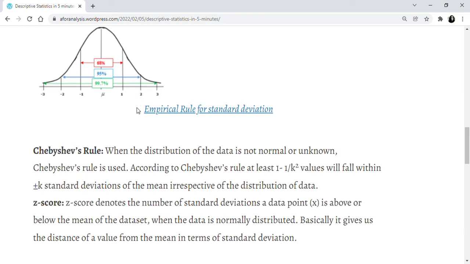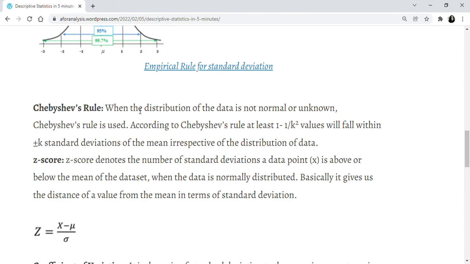Next is z-score. Z-score denotes the number of standard deviations a data point is above or below the mean of the dataset when the data is normally distributed. So z-score gives you the relative distance of that data point from the dataset's mean in terms of standard deviation.